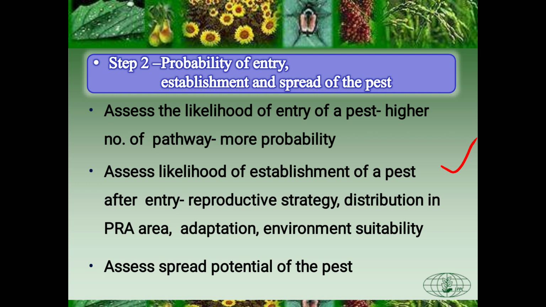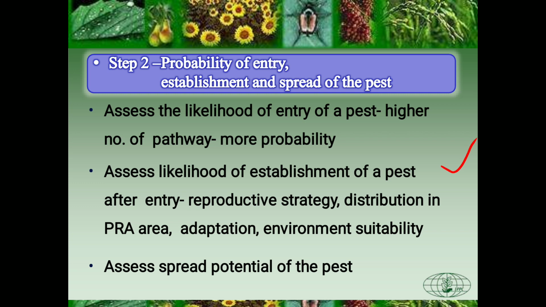Next, the distribution of that pest in a particular area. Then we assess whether the pest is adapted to that particular new area, or whether it takes advantage of the environmental conditions in that area. And last, we assess the spread potential of the pest. That means whether the pest spreads fast within a short period of time.